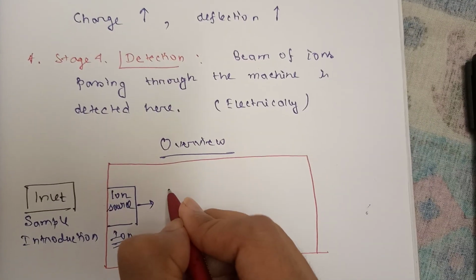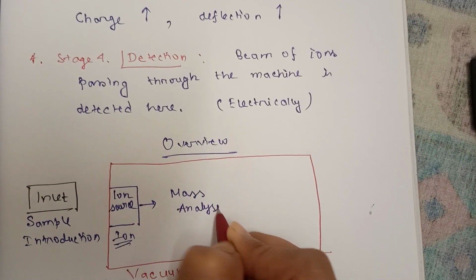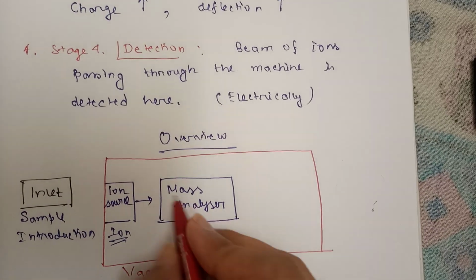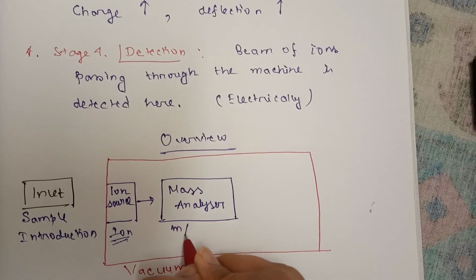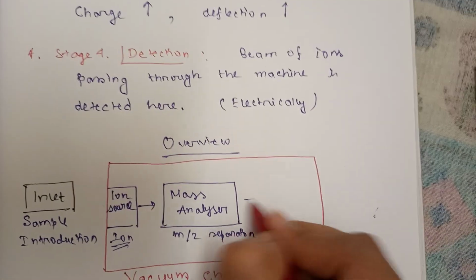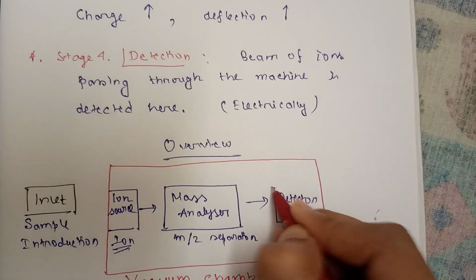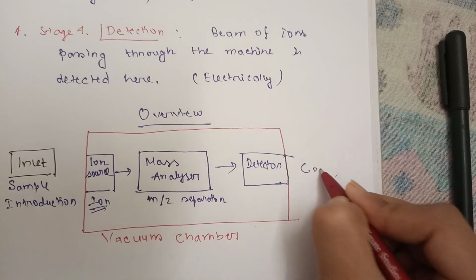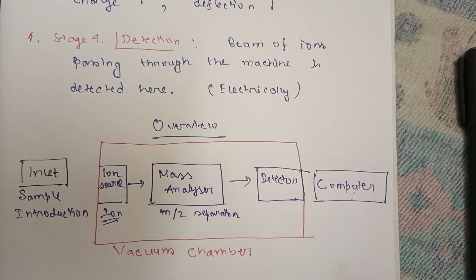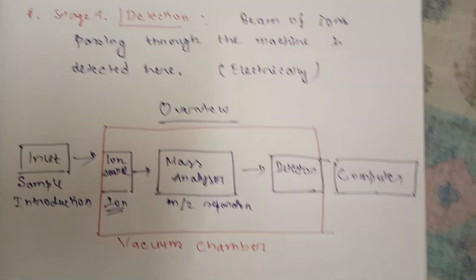Now there will be one or more than one mass analyzer. It will separate the ions by m by z, and then there will be a detector, and at the end there will be one computer. So this is the overview of a generalized structure of a mass spectrometer.